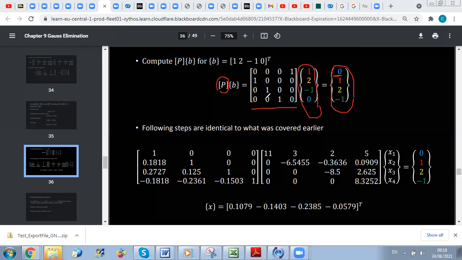So 0 times 1 plus 0 times 2, 0, minus 1, 0. So it's minus 1. You can obtain easily the updated vector B, and once you obtain it, you can solve for your different unknowns in this system of equations.